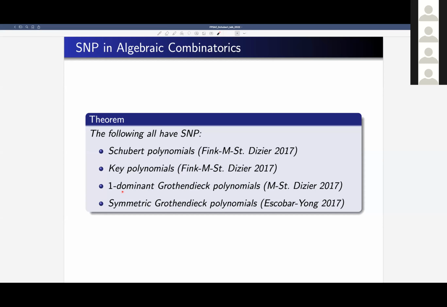We also proved that one dominant Grothendieck polynomials have. That's actually via flow polytopes, but I won't talk about that. And then Escobar and Yong proved, in joint work, for symmetric Grothendieck polynomials using Lenart's expansion for these in the Schur basis.